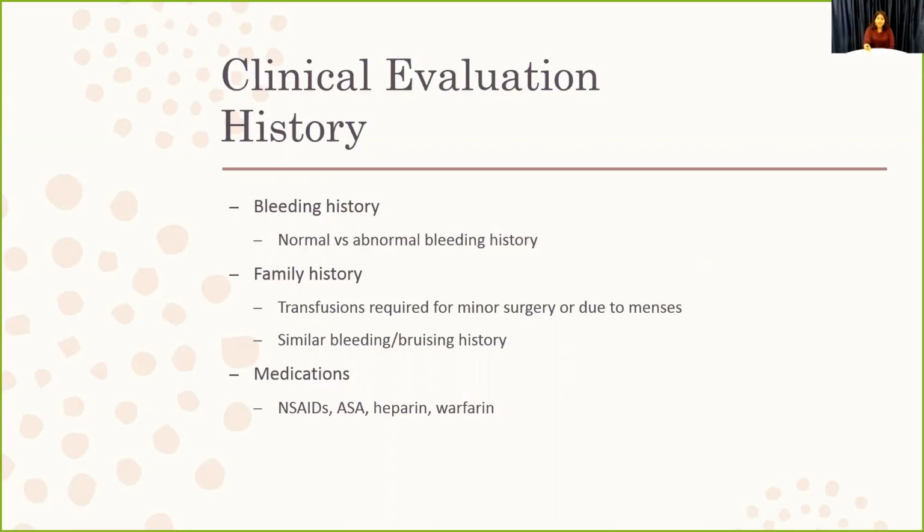Also medications, if the patient is taking any NSAIDs, if they're on aspirin, if they've ever been on warfarin or heparin. And normally warfarin and heparin are usually going to be a lot less common in our pediatric patients. However, there are some that are on it.